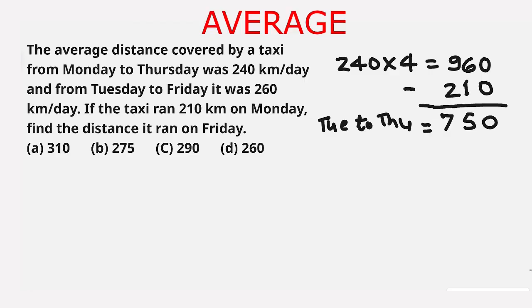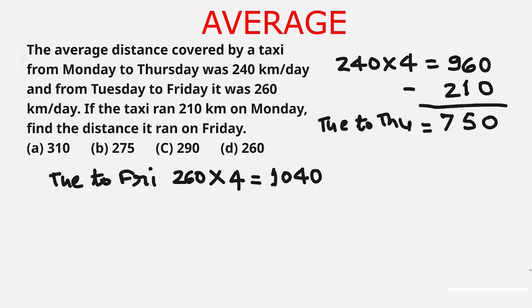The distance covered from Tuesday to Friday given to us is 260 km per day. So we multiply this by 4 to get the total distance covered. So 260 multiplied by 4 is 1040 km. Now we subtract the distance from Tuesday to Thursday, which we already calculated, is 750 km.